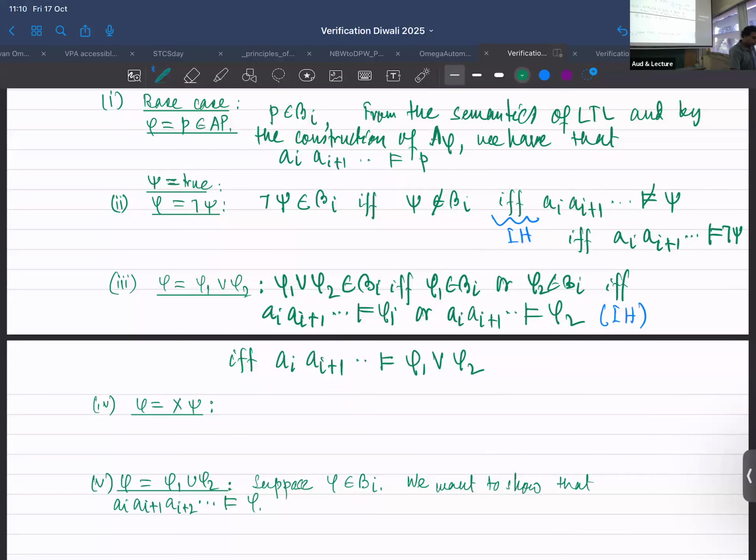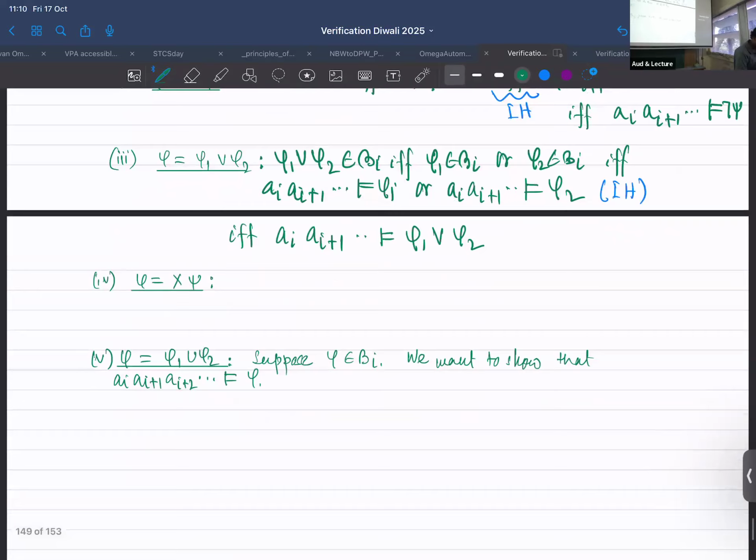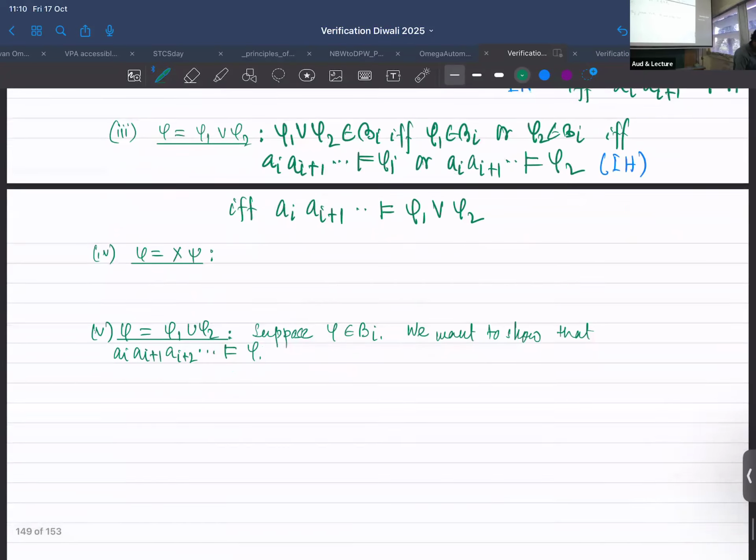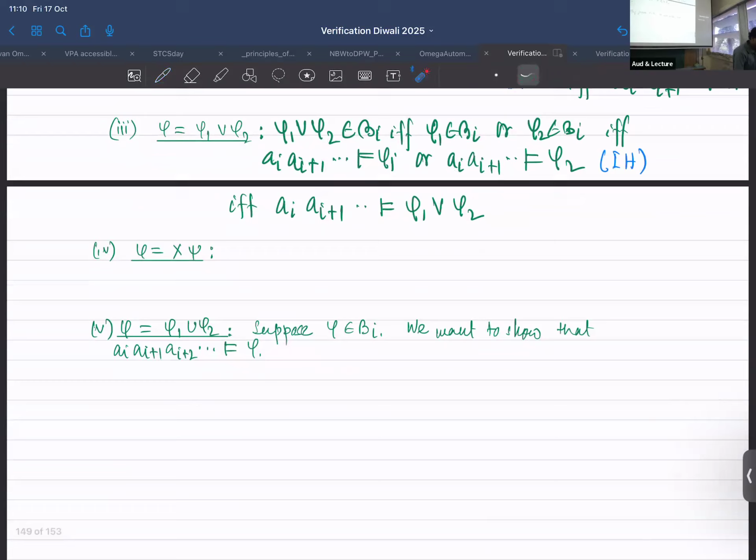Similarly, we can also do the next, and we'll leave the final case, which is more complicated, for the next lecture. So now x of psi belongs to beta I if and only if a_{i+1}, a_{i+2} satisfies psi, or this satisfies next of phi.